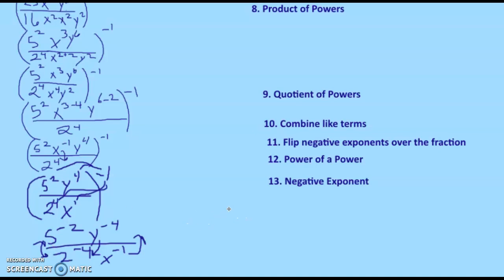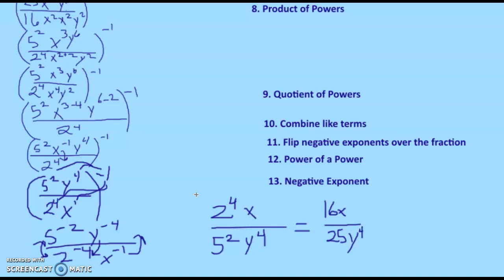So our final answer would be 2 to the 4th power times x all over 5 to the 2nd power y to the 4th power. And of course, if you want to have it in standard form, you could also have 16x divided by 25y to the 4th power. And that is your simplified expression.